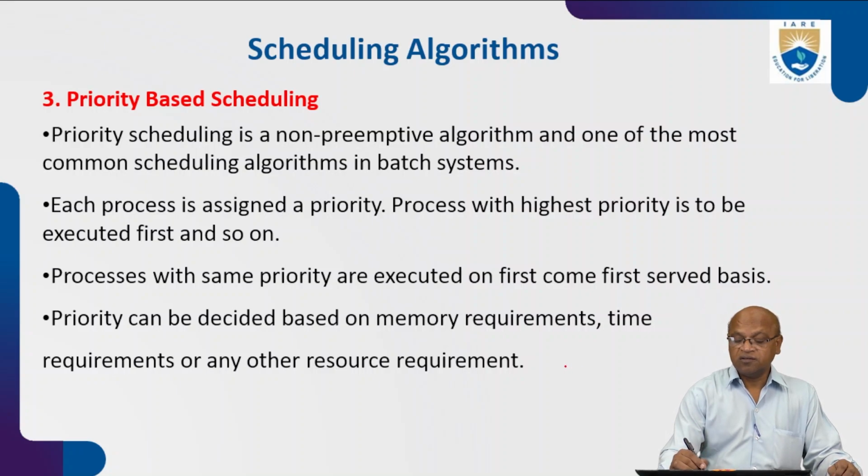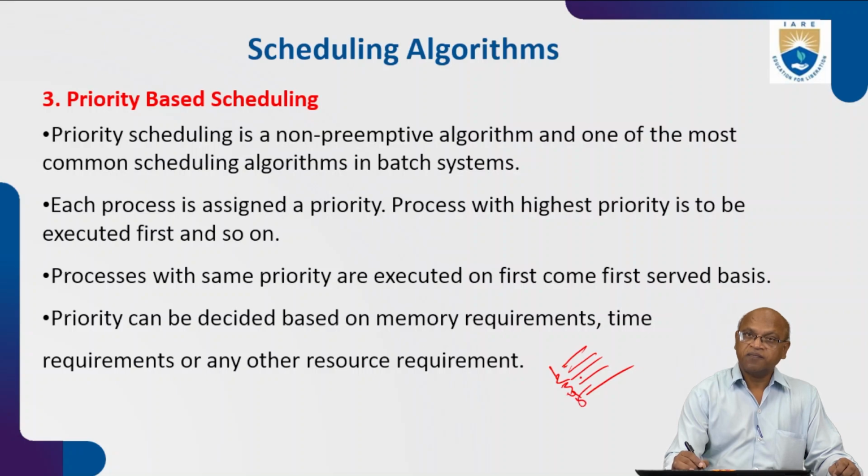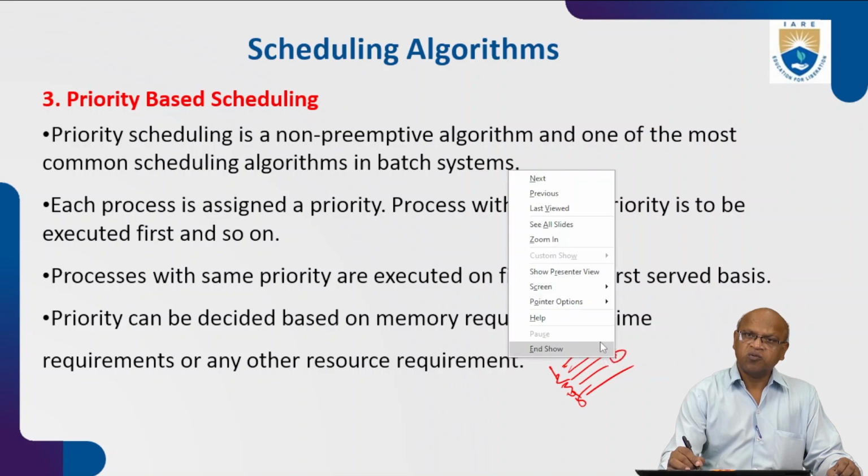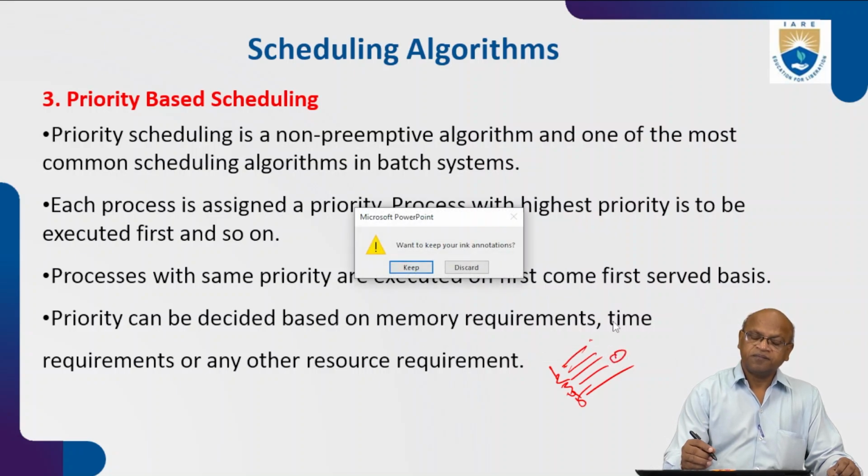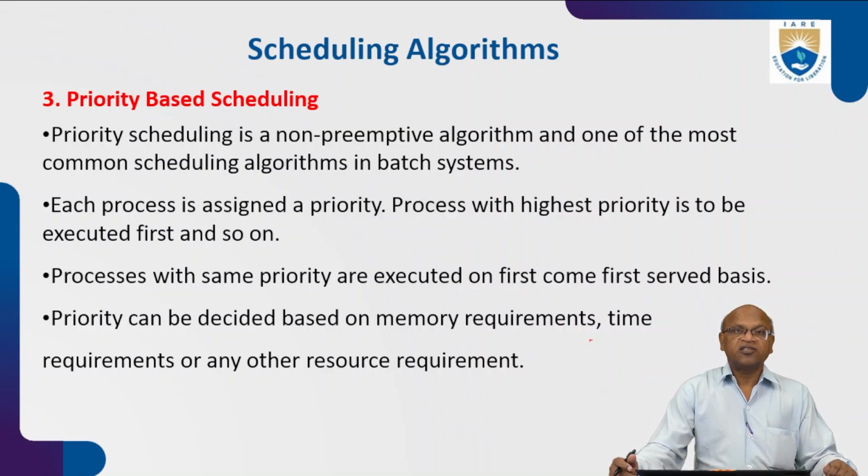So as you know, these are the instructions of a program. Each instruction is a process only. In this priority based scheduling algorithm, priority scheduling is a non-preemptive algorithm, and one of the most common scheduling algorithms in batch systems.